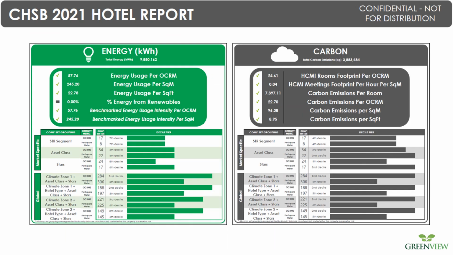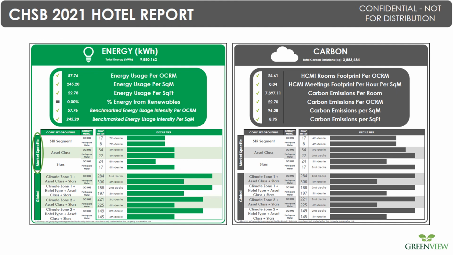Moving on to the comparative performance, that is the benchmarking. On the left in the first column, we have two types of segmentation for which properties are compared for energy, water, and carbon. The first is market specific, that groups hotels within the specific market of the metropolitan statistical area, national capital region, or greater metropolitan area.